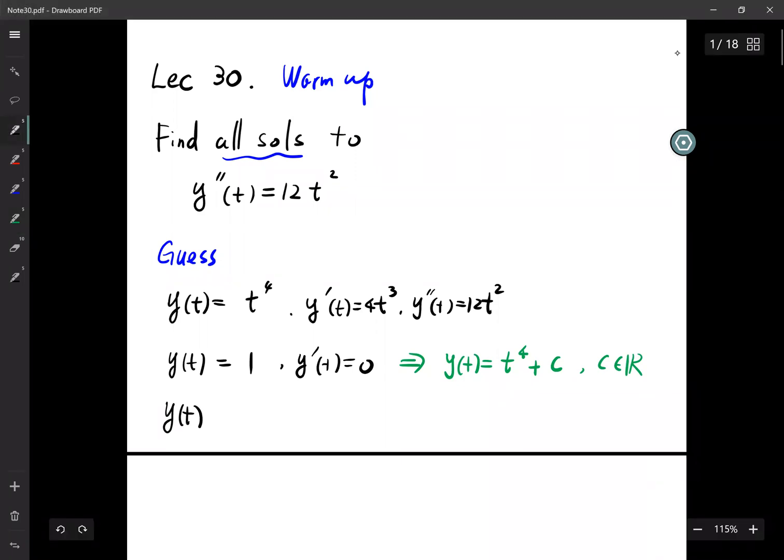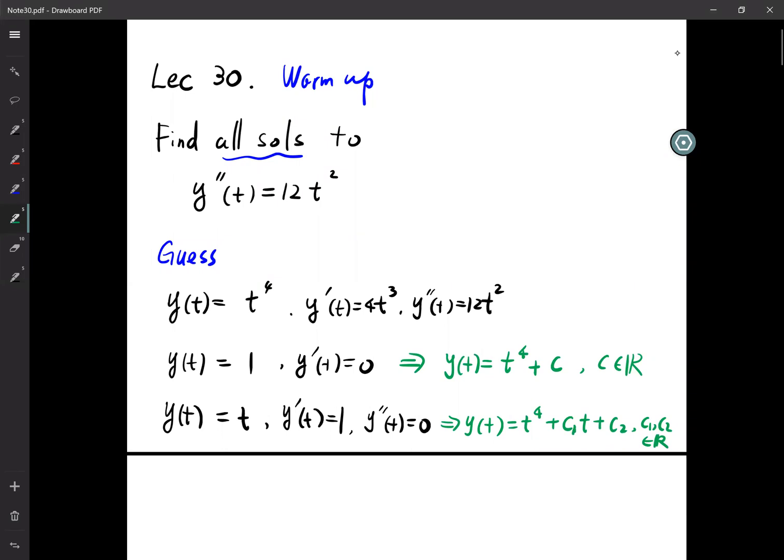So y(t) equals t. Now indeed, y prime t is 1, not 0. But y double prime t is 0. Now it means that if I mix this with any c1 t, because I just scale it, it doesn't matter, plus any c2, where c1, c2 are real numbers, every function of this form will be a solution to this differential equation. Turn the question again.